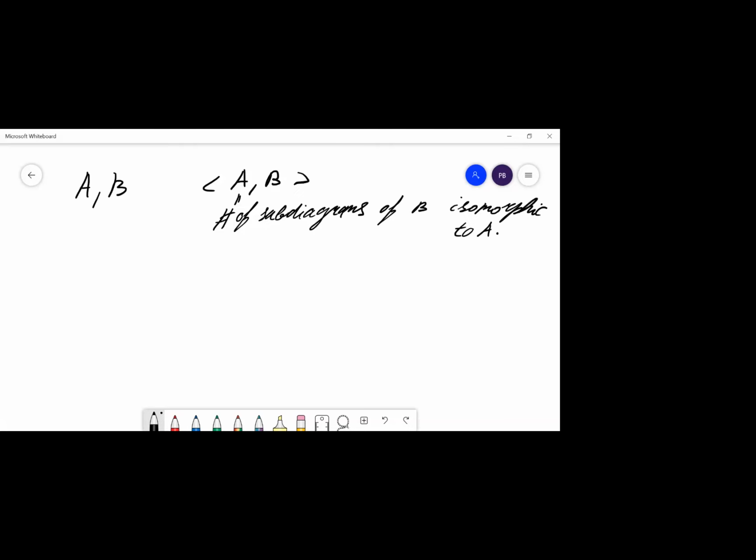And he denoted by K_B just the nodes corresponding to B. So the formulation goes as follows.